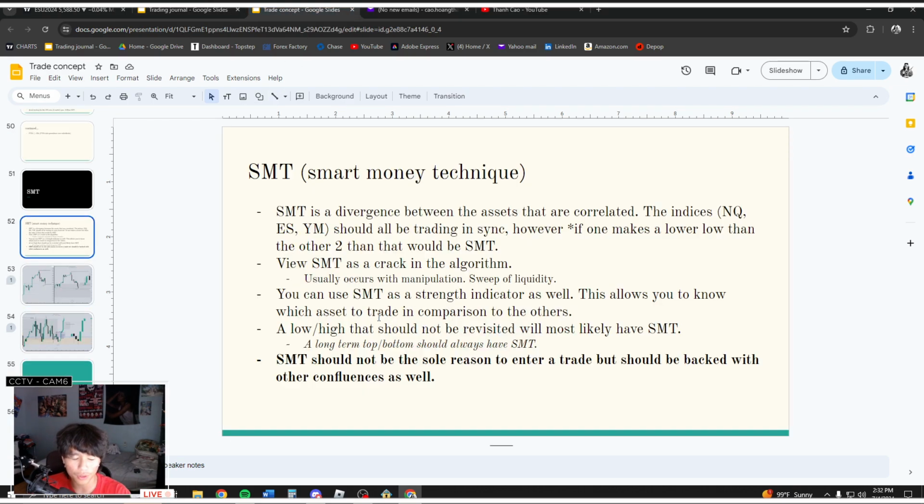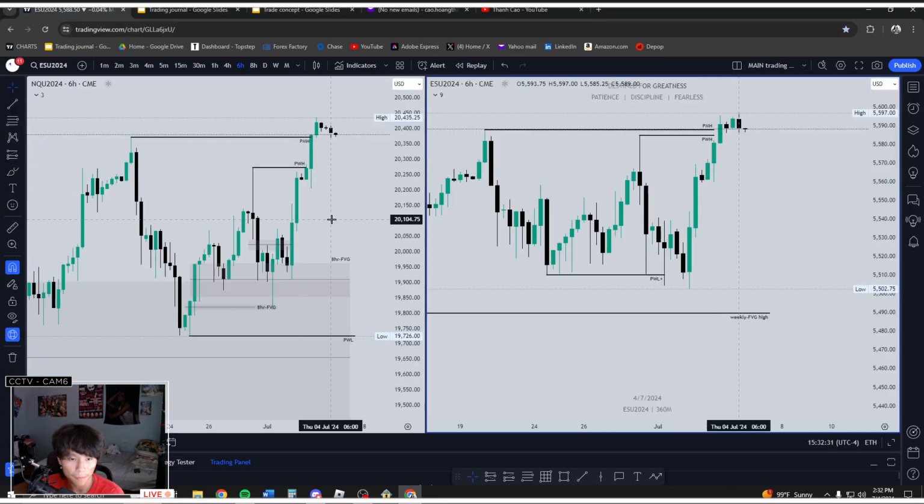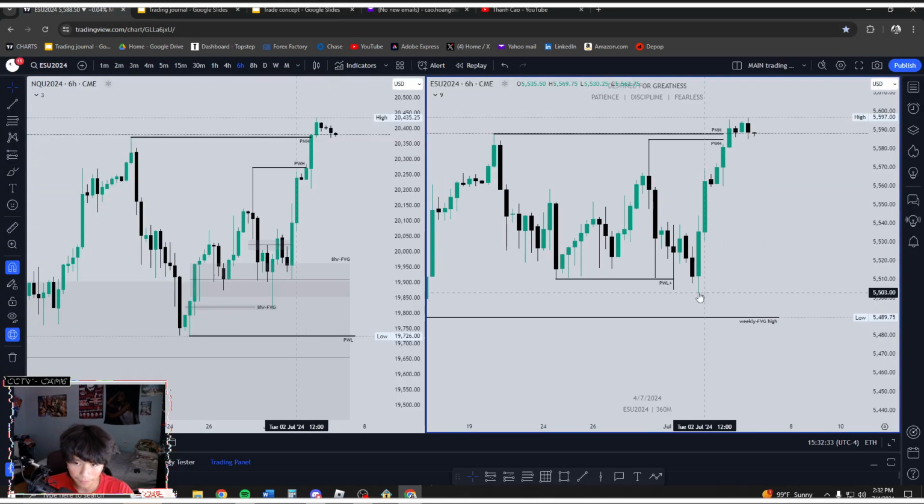All right, and the fourth point I do want to talk about is that a low or high that should not be revisited will most likely have SMT. A long-term top or bottom should always have SMT. So here we can establish this low right here as a strong low, a low that shouldn't be revisited as of right now, because our objective is to take out previous month's high and previous week's high, right?